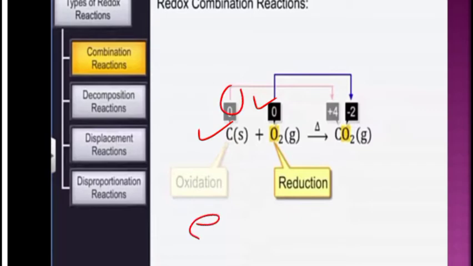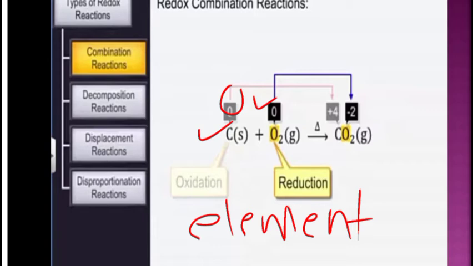That is, it should be in elemental form. We know in elemental form the oxidation state will be 0. So one of the reactants should have the oxidation state 0. Then only we can call it a redox combination reaction. So keep this in mind.